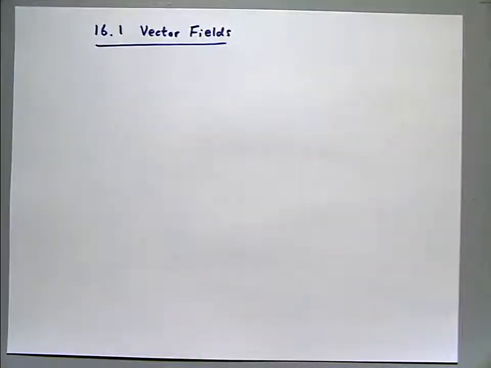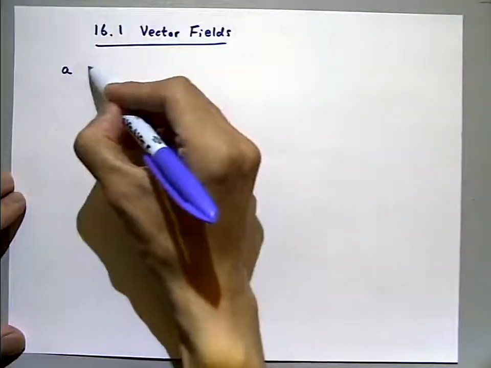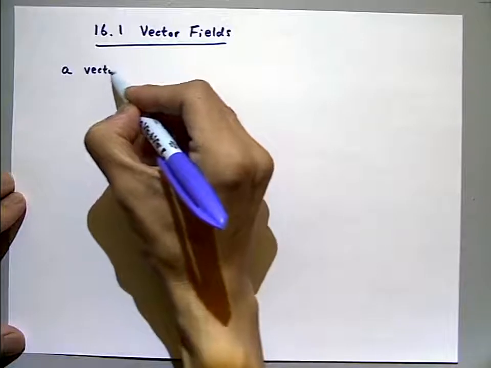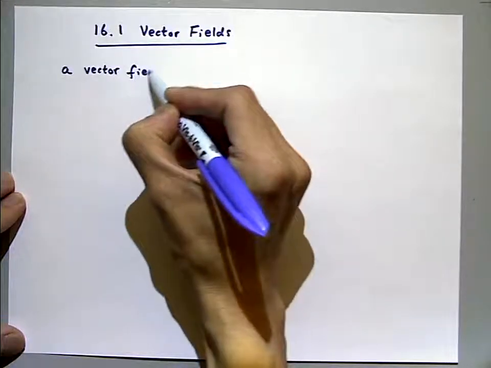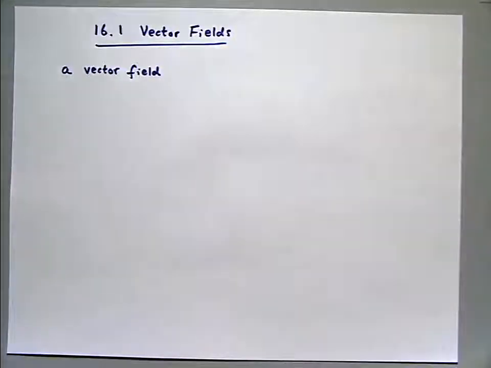In 16.1, we'll be looking at these things called vector fields. First of all, what a vector field is. A vector field is a function that assigns a vector to each point in space.